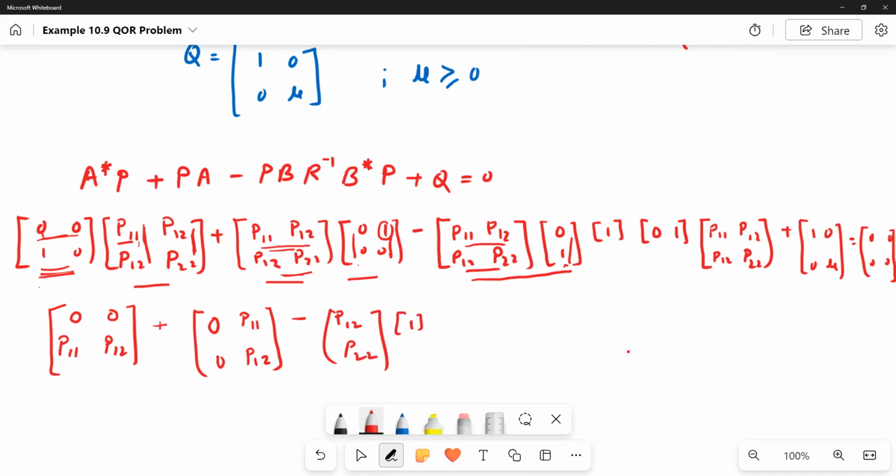And also we can simplify this one. This will be a row matrix, so basically this will become P12 and P22.